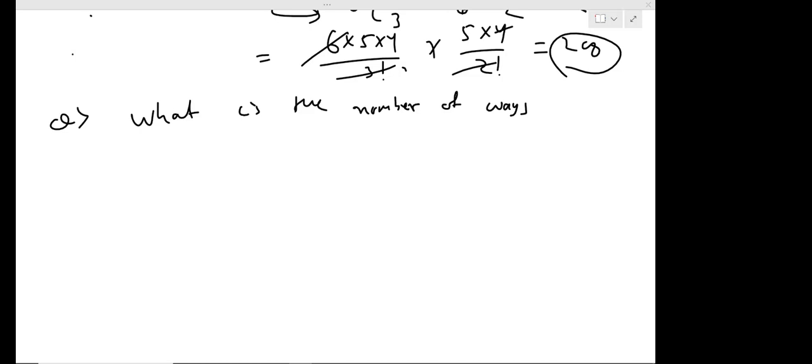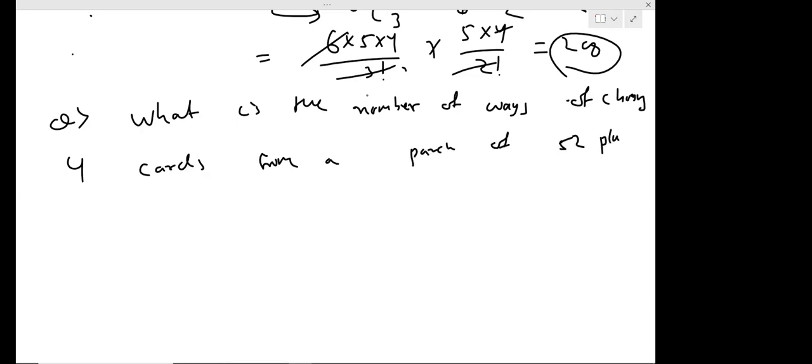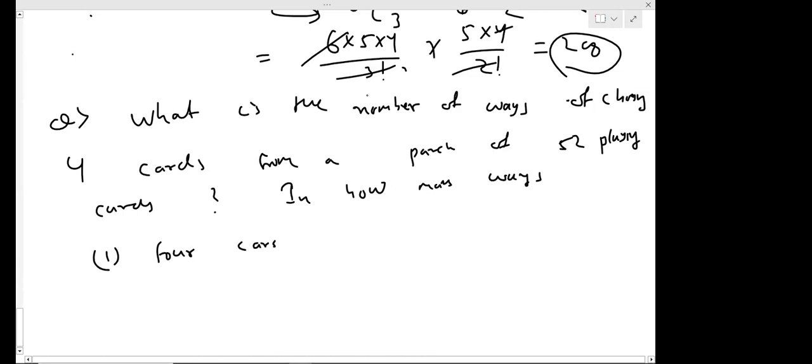Normal playing cards, right: A, 2, 3, 4, 5, 6, 7, 8, up to Q, J. Okay, what is the number of ways of choosing 4 cards from a pack of 52 playing cards, in how many ways 4 cards are of the same suit?